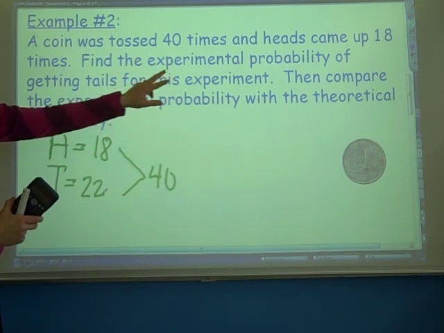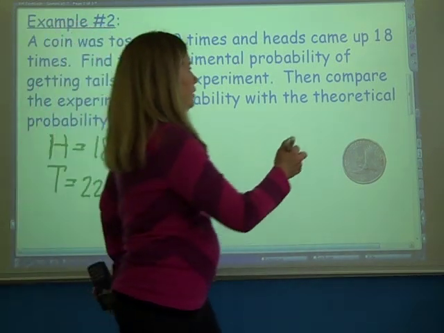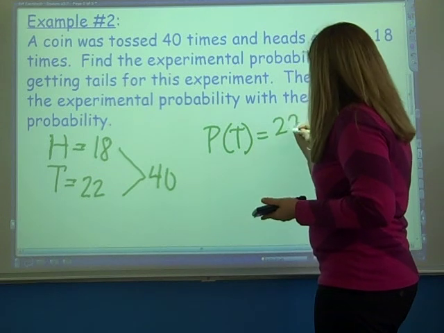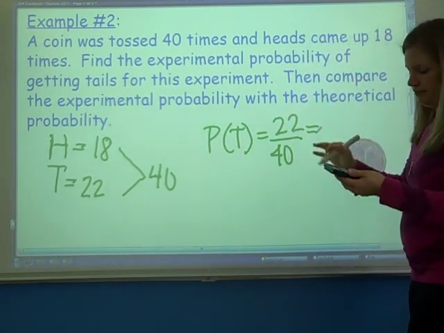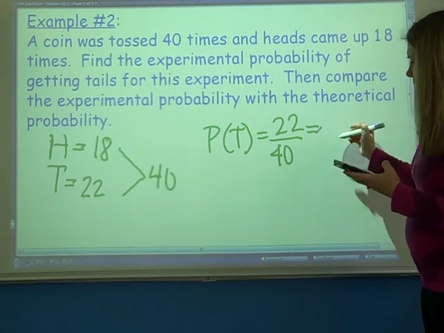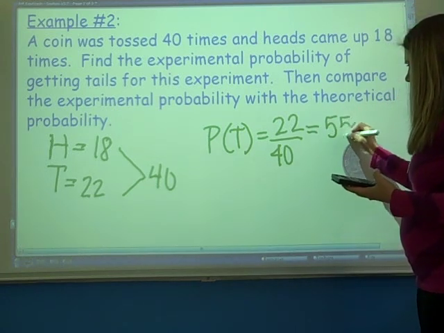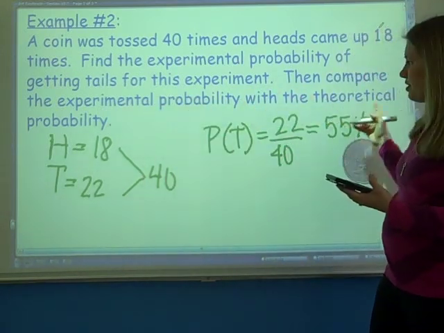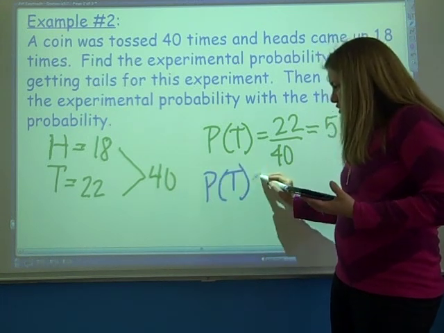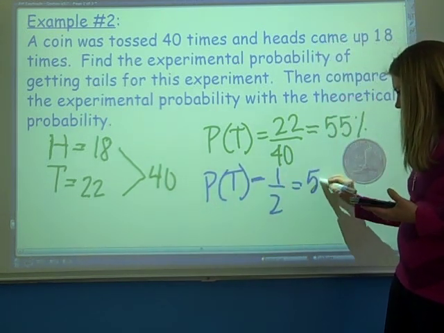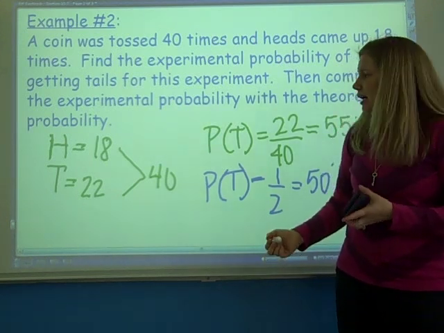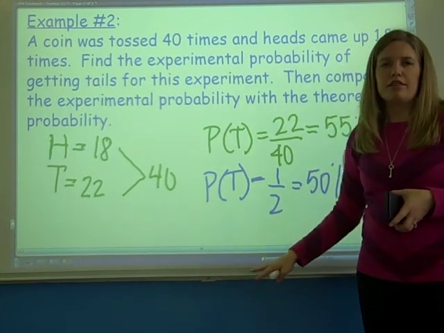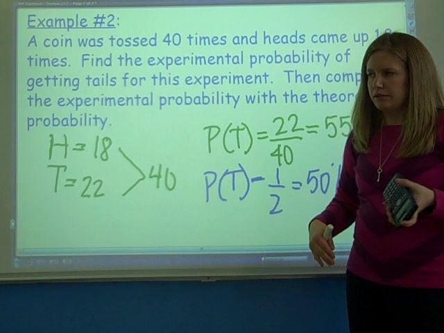So our probability of getting tails is 22 out of 40. 22 divided by 40 gives me 55%. Our theoretical probability of getting tails should be 1 out of 2, which is 50%. So the sentence we could write here is that our experimental is a little bit higher than our theoretical, but fairly close.